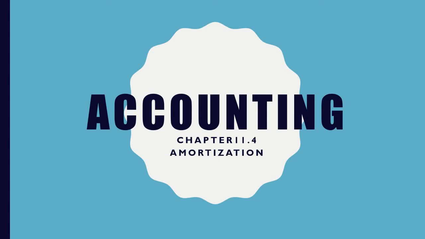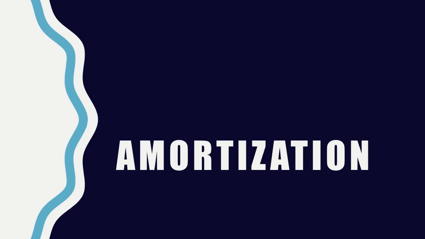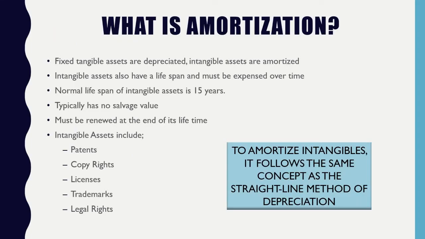Now I'm going to be introducing you to the concept for chapter 11.4, which is called amortization. What is amortization? Well, if you remember, amortization is another word that we use to describe another way to depreciate.